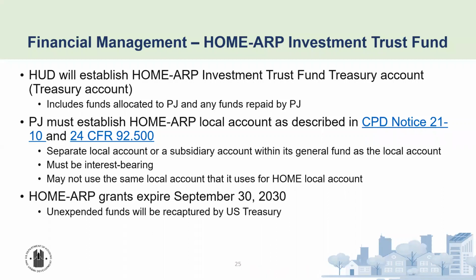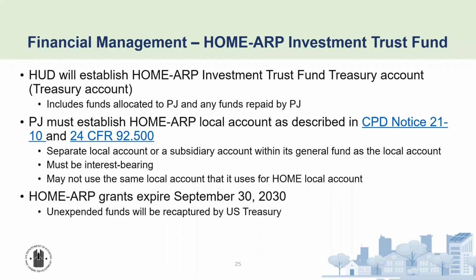The PJ must establish a HOME-ARP Investment Trust Fund local account, which we'll refer to as the local account, as described in CPD Notice 21-10 and the HOME regulation at 24 CFR 92.500.